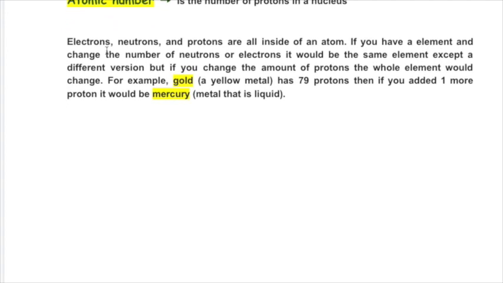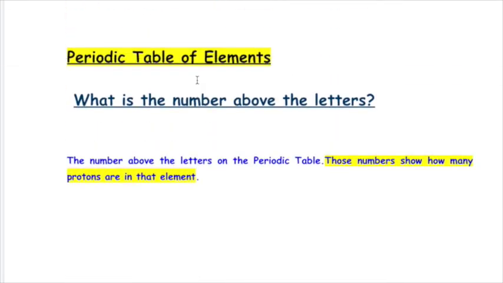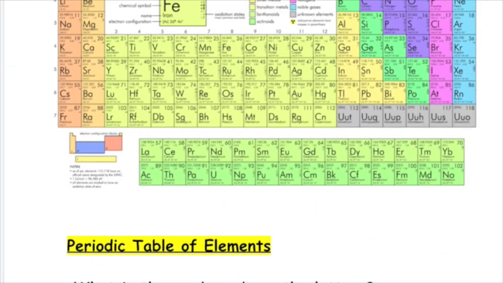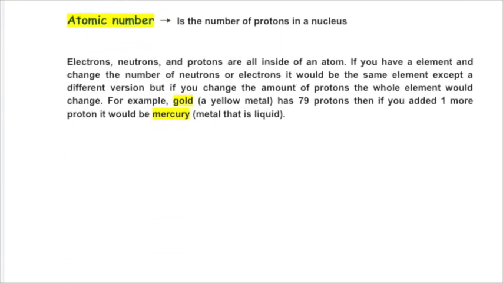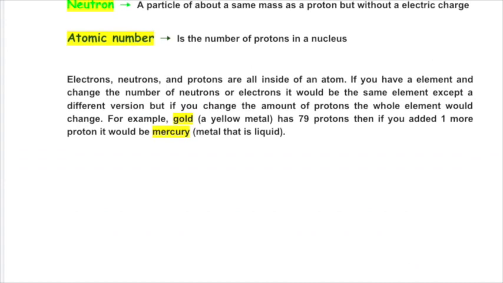Now, the atomic number. It's the number of protons in a nucleus. So you see the atomic number? It's actually the number of protons. So it's the number of protons in a nucleus.